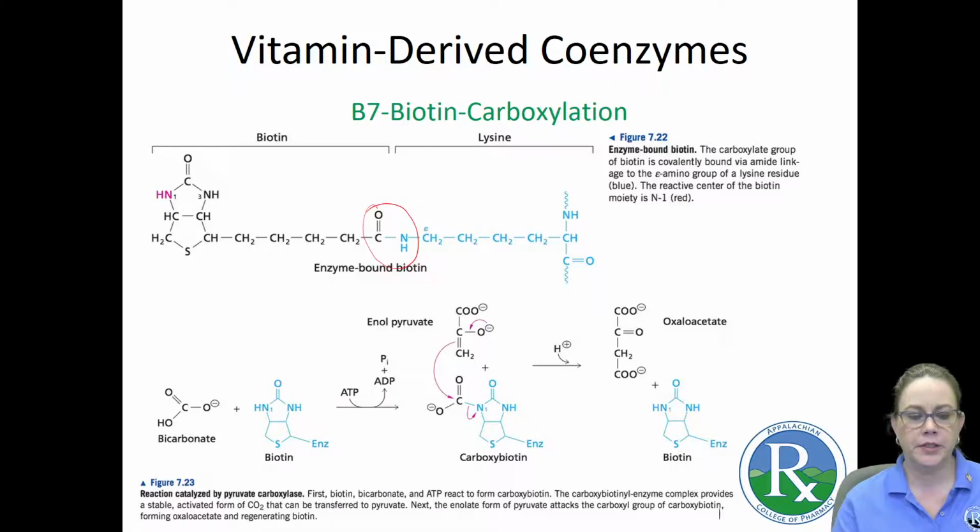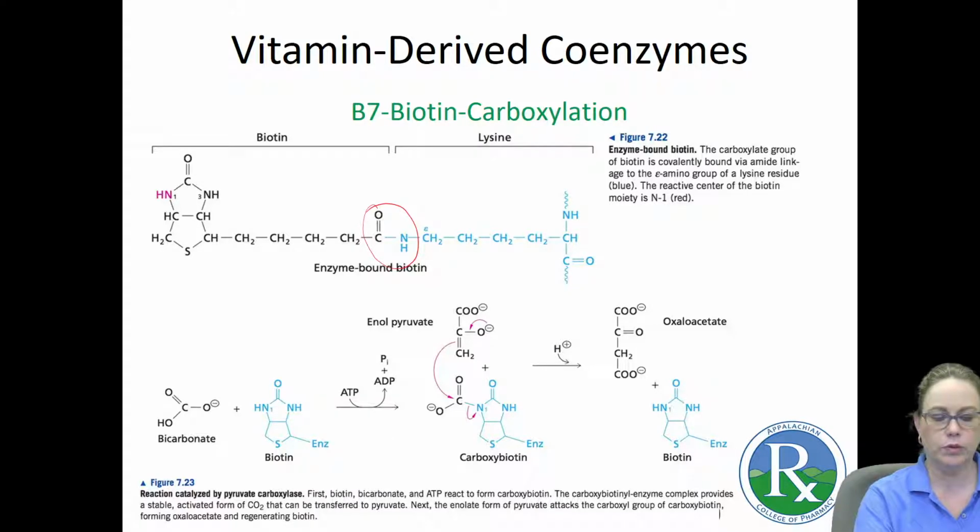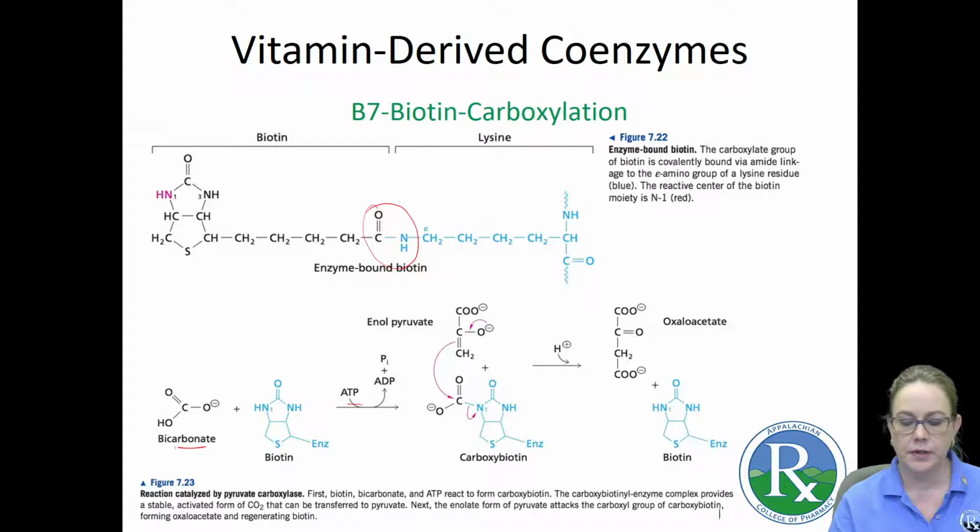With the biotin, I'm more likely to ask you to recognize the reaction it catalyzes, since it's unusual, where we're using bicarbonate as well as ATP to carry out a carboxylation reaction. So here we're going to carboxylate our enol pyruvate in order to form oxaloacetate.